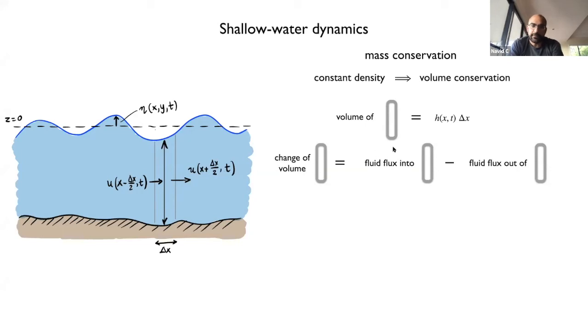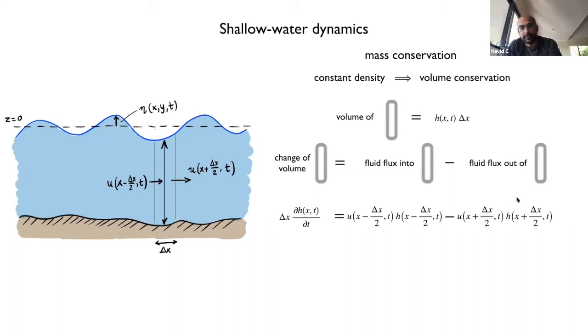The flux into the rectangle from the left will be proportional to the velocity at the left-hand side times the height of the rectangle at the left-hand side, and the flux out of the rectangle from the right will be the velocity at the right-hand side times the height of the rectangle at the right-hand side. So to a good approximation, any change in volume should be balanced by whatever fluid comes in and whatever fluid comes out.